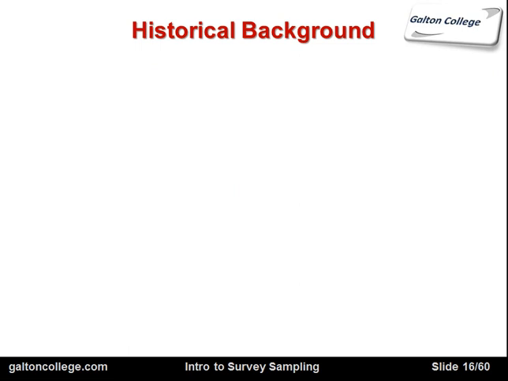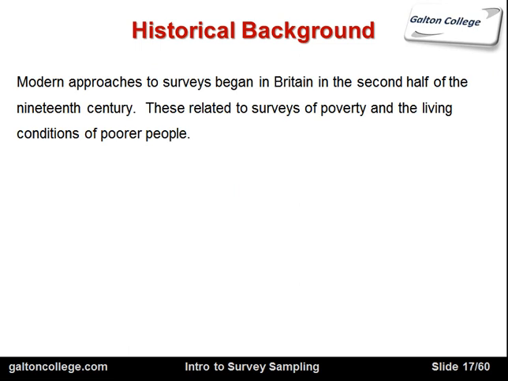As a matter of interest, surveys have been around for quite some time. Modern approaches to surveys began in Britain in the second half of the 19th century. These related to surveys of poverty and the living conditions of poorer people.